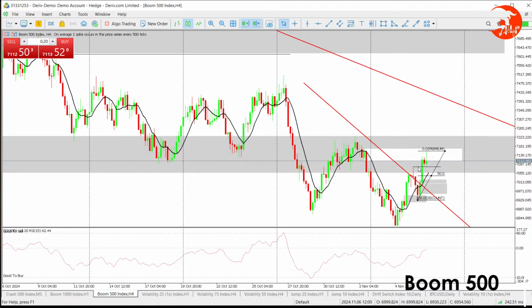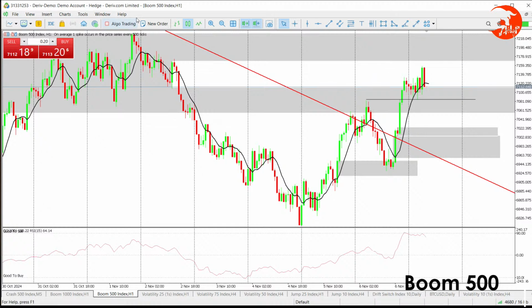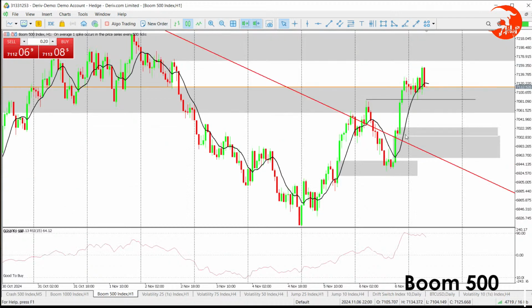But as of now, we have rejection from the buys, so it means we are looking for sales on H1 and D1. That is now clear for me. I won't be looking for buys unless I see a breakout on that order block. Heading to M15, it is also doing the same as H4, so it's a no-go. This asset is a no-go.